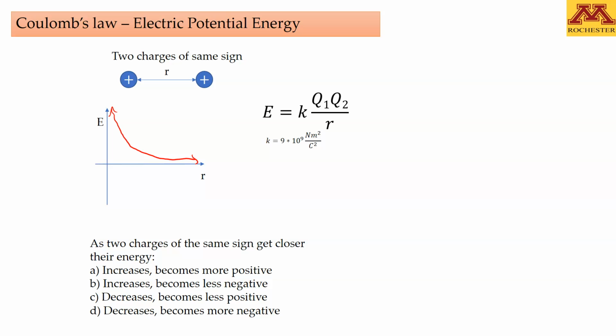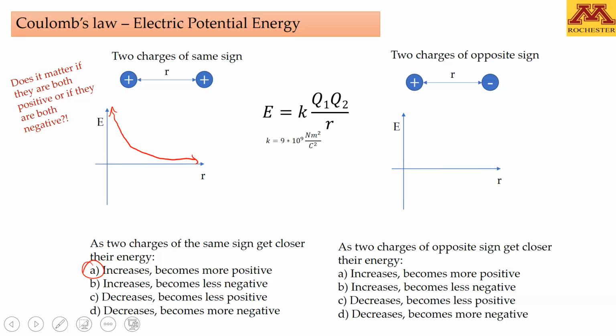Because they want to push each other apart. So if they get closer together, the energy should increase, and that's what we're seeing in the graph, and become more positive. So it is A. All right. So there we go, that's charges of the same sign.